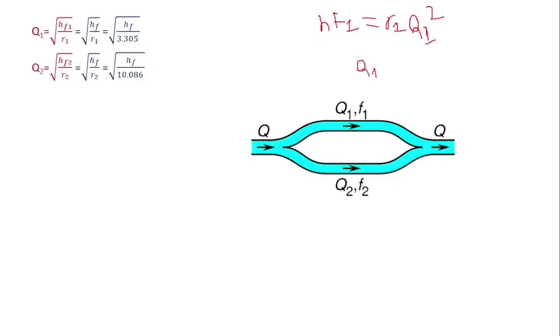So Q1 square equals HF1 divided by R1. To remove this square, we just put root. So root of HF1, which is unknown, divided by R1, which we have calculated as 3.305. Similarly, formula of Q2 is this.